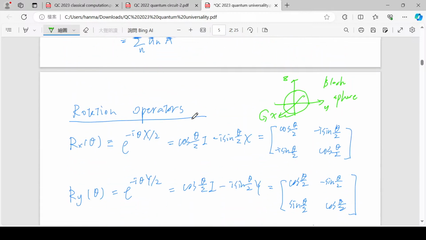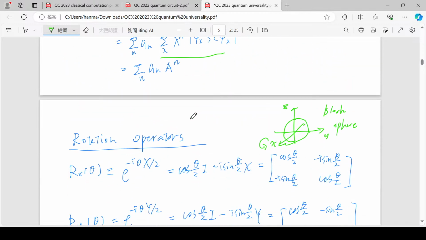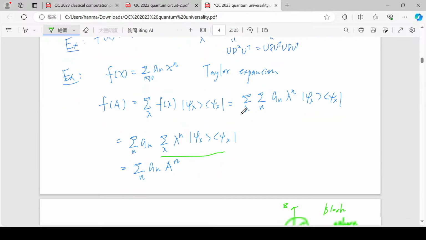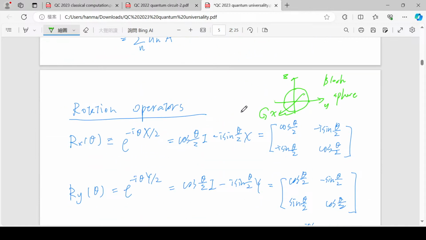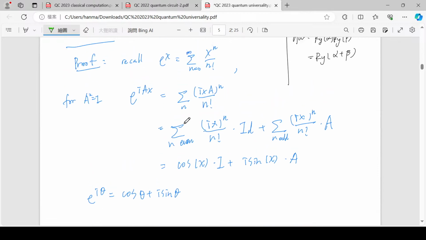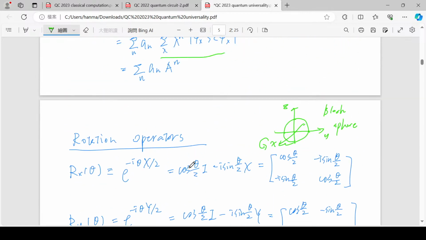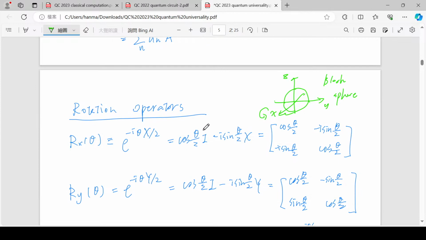And this is why we want this Taylor expansion, because we will use the Taylor expansion to prove that e to the minus i theta X over 2 is cosine theta over 2 identity minus i sine theta over 2 X. Although I guess you can also prove it with the eigenvalue definition.